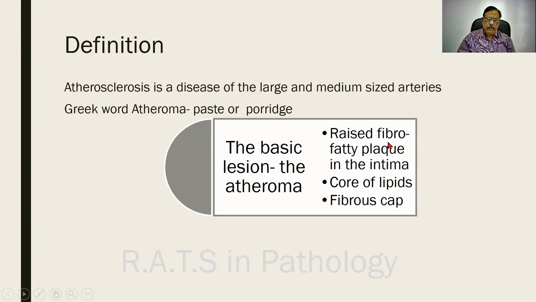The word porridge is there because Sir Rudolf Virchow, the father of pathology, when he initially diagnosed it, thought it was something like a carbohydrate or a porridge, and hence he called it atheroma.